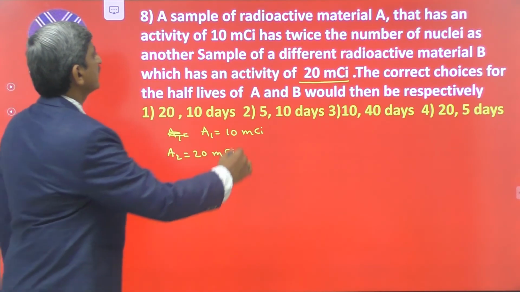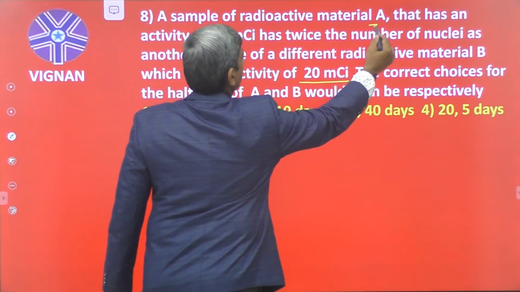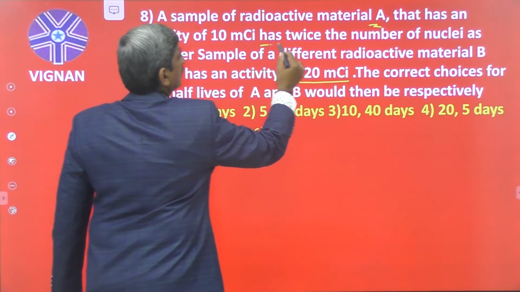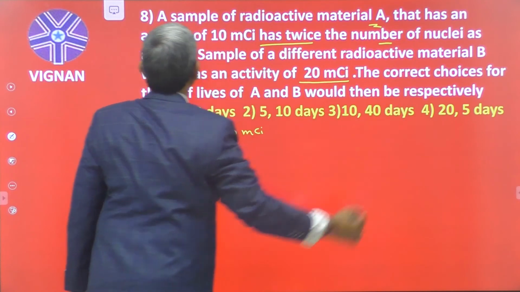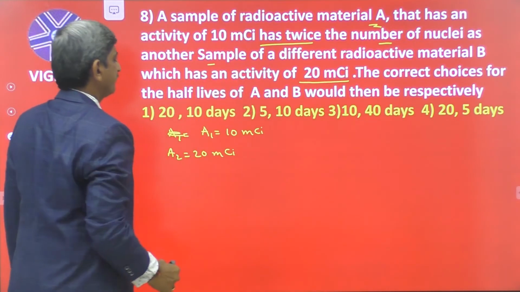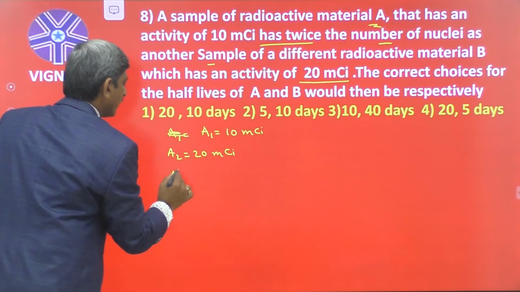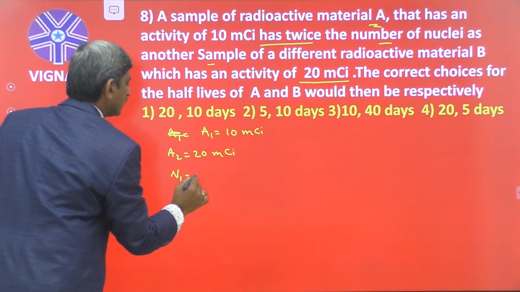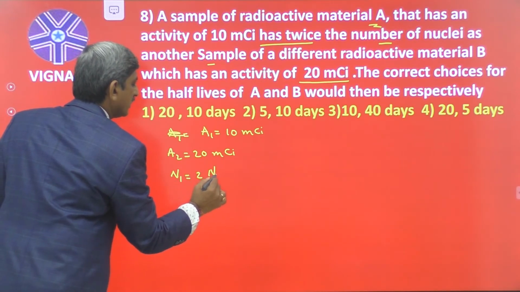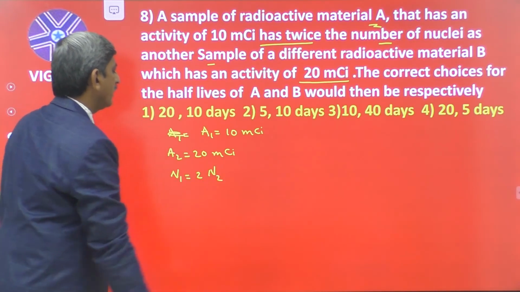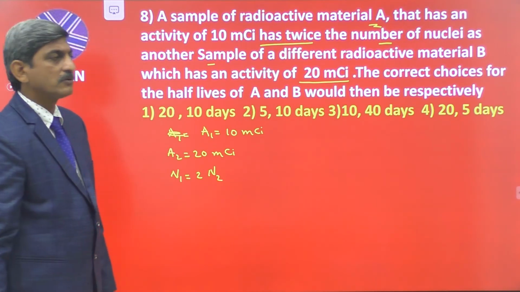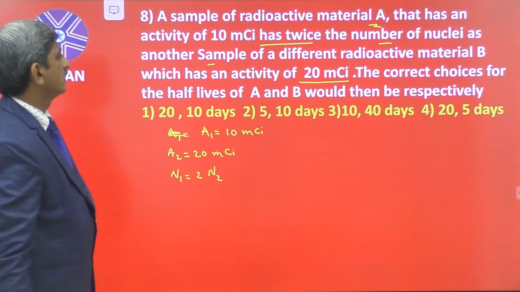It is also given that sample A has twice the number of nuclei as the other sample. That means the number of nuclei of sample A is equal to 2 times the number of nuclei of sample B. So N1 is equal to 2N2.